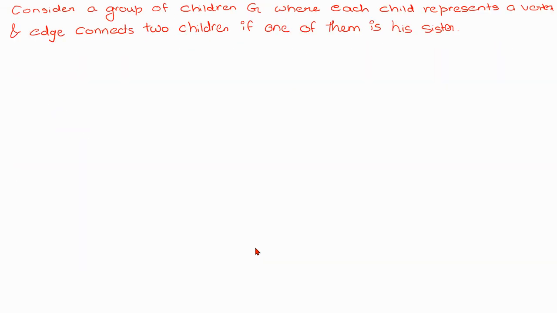Suppose there exists an example: consider a group of children G where each child represents a vertex.